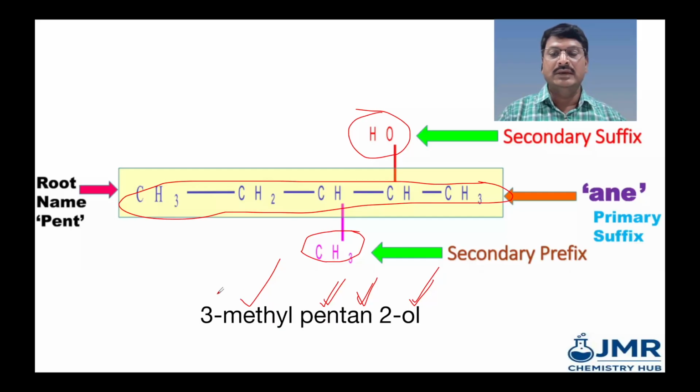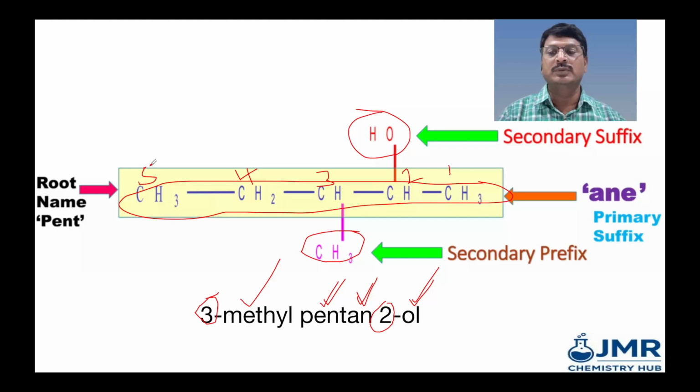But when you are writing the name of the compound, you have to indicate the location of the substituent as well as the main functional group. To locate that, you have to give the numbering. There are rules for giving the numbering.